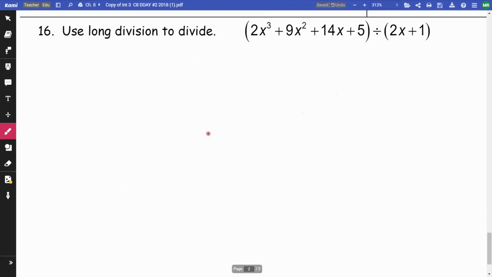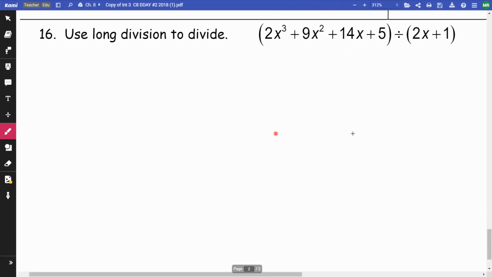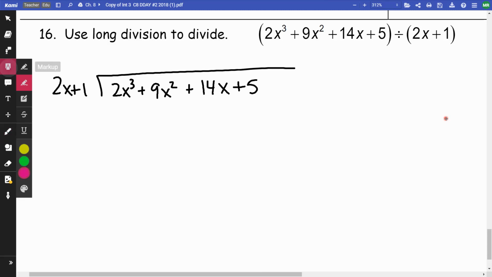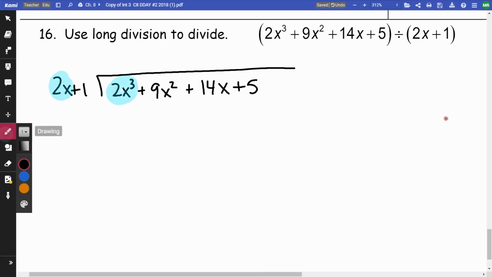On the last one, number 16, I'm going to do long division. I'm going to take 2x plus 1 and divide it into 2x to the third, plus 9x squared plus 14x plus 5, focusing on the 2x and the 2x cubed.